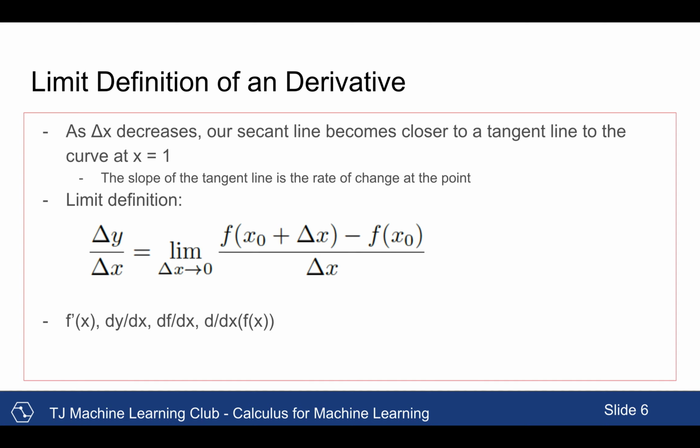And there are a couple ways that derivatives are expressed in equations. A couple shown here are f prime of x, dy over dx, df over dx, d over dx times f of x.